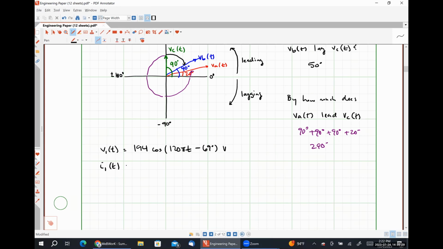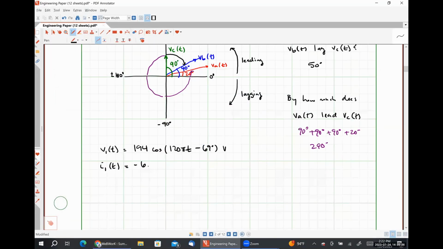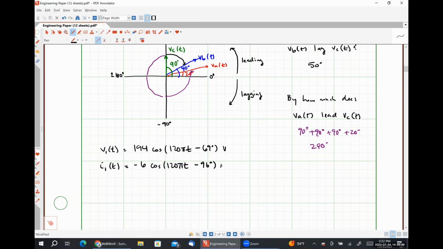And for part C, I1 is given to us as -6 cosine(120 pi t minus 96 degrees) amps. Since we have a signal with a negative magnitude, we need to convert I1 of t into a cosine function with a positive magnitude. So that would look like +6 cosine 120 pi t, and if I add 180 degrees to -96, I believe I will get 84 degrees.